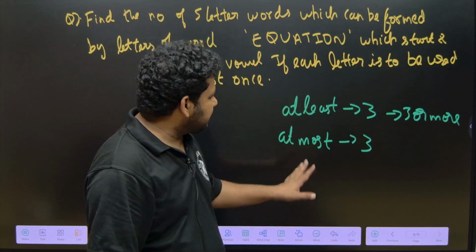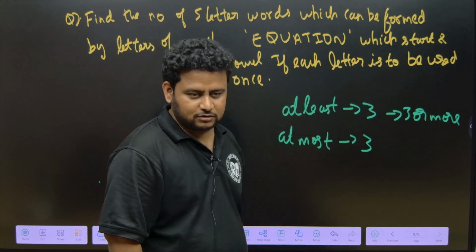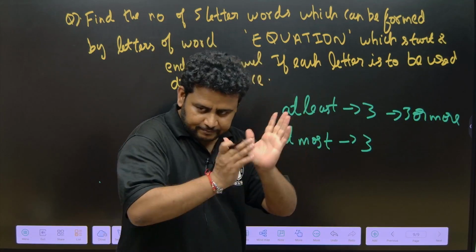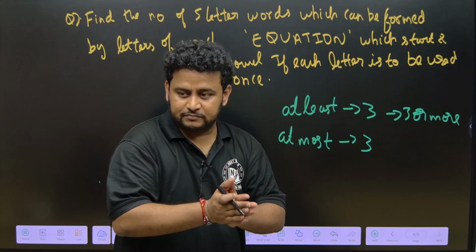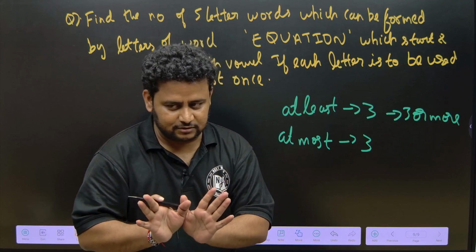If you give at least 3 parotas, I will come for dinner with you, otherwise I am not coming. At least means I am setting a minimum standard, at least 3 should be there, then only I will come.